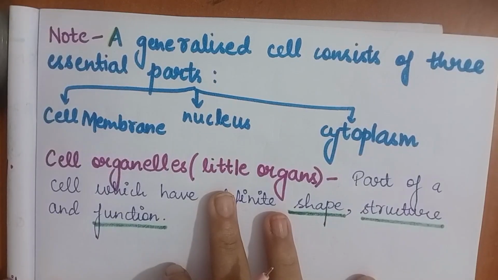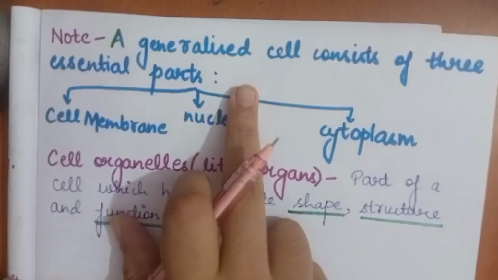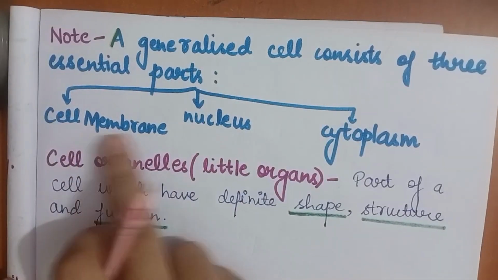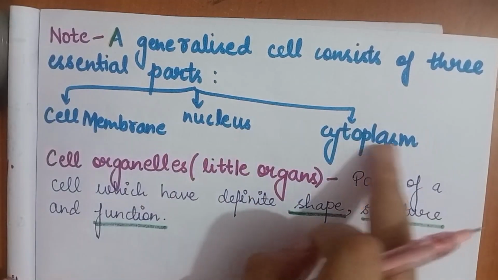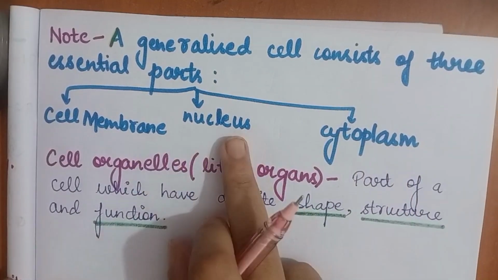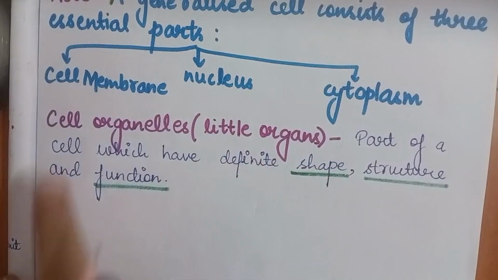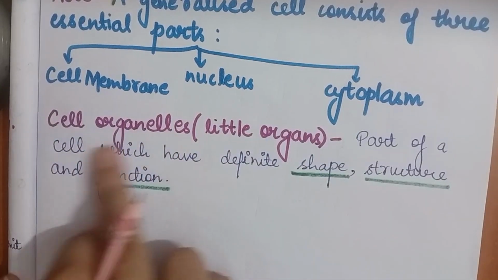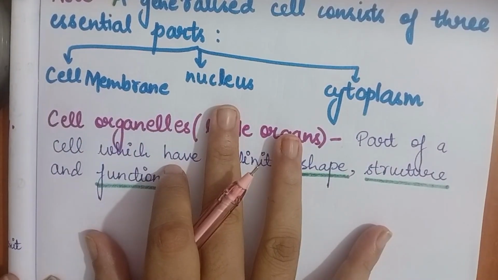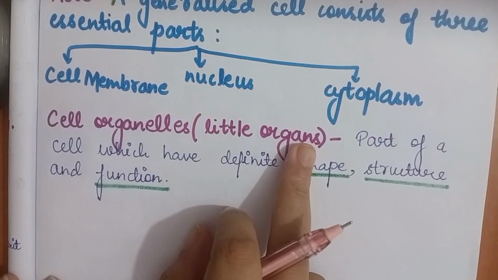Let's note this point that a general cell consists of three essential parts, which are cell membrane, nucleus and cytoplasm. This means that all the cells have cell membrane, nucleus and cytoplasm. Now let's understand this term cell organelle. You may consider these cell organelles as little organs.